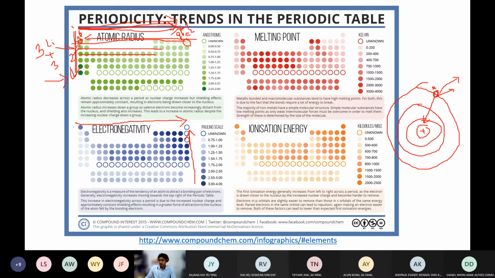That is how electronegativity can be explained.